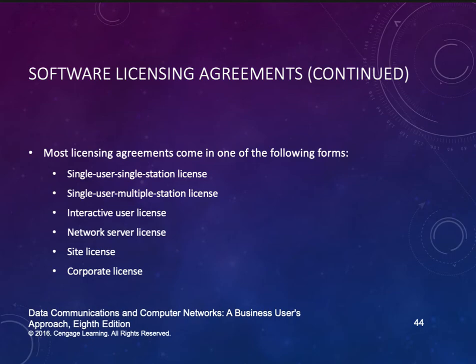Most licenses are either single or multiple user, interactive user, network server, site license, or corporate license. Okay. Also, quite common today are a yearly license or monthly license, or pay as you use.